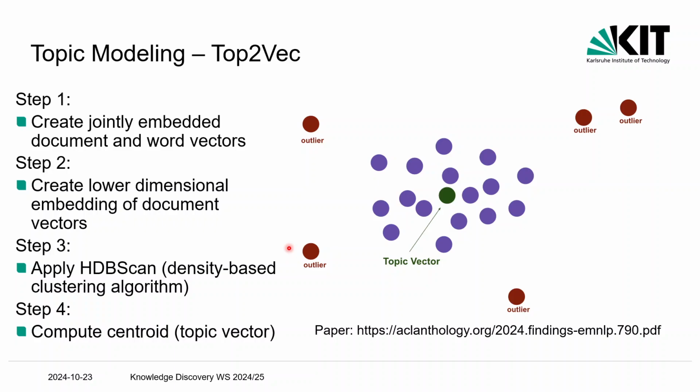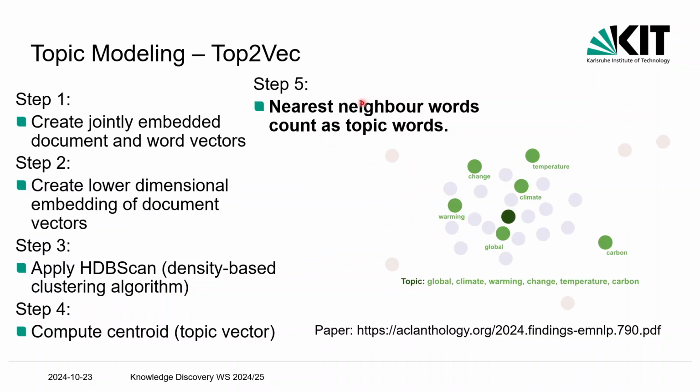That's parameter based as well, but it can figure out what's an outlier, and they make use of it here as well. Once we have the topic vector, we can just check for nearest neighbors, and voila, we now have our topic. We see that, for instance, for this topic we have global, climate, warming, change, temperature, and carbon together, which does seem to make a lot of sense, that it's a topic about climate change mainly, or about climate in general, I assume.